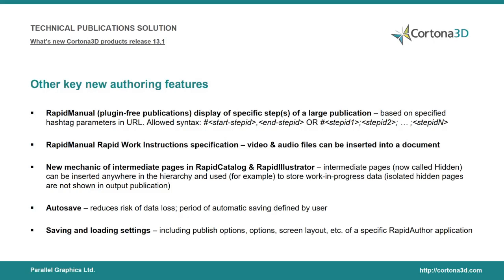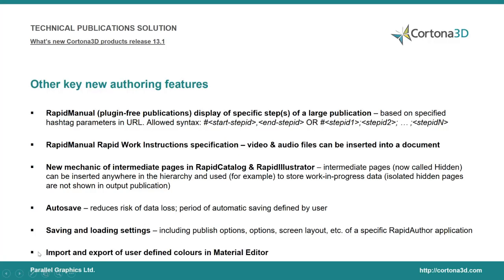Similarly, we also now have UI commands for saving and loading settings, and this includes not only user interface options or settings, but also publish options and screen layout. And these settings are tied to a specific RapidAuthor application, such as Rapid Catalog or RapidManual. So you can exchange your settings now with your colleagues, synchronize them across multiple workstations.